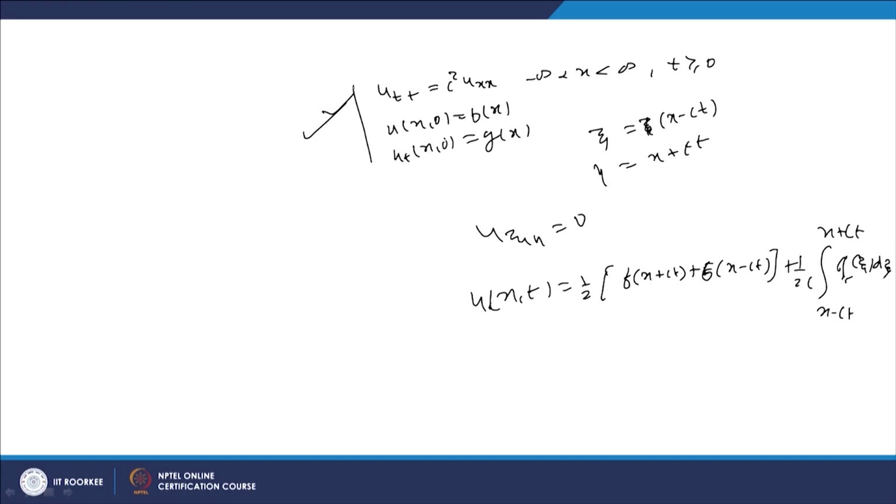Now, in this lecture we will again discuss the method of characteristics to solve the non-homogeneous one dimensional wave equation. This method is popularly known as Riemann's method or Riemann-Green's method. We will see what this is.